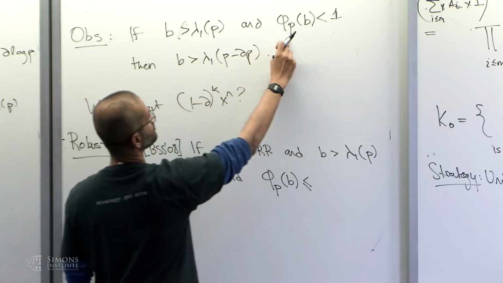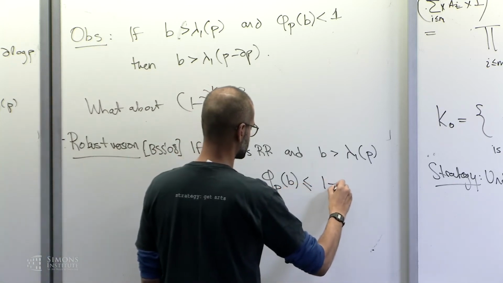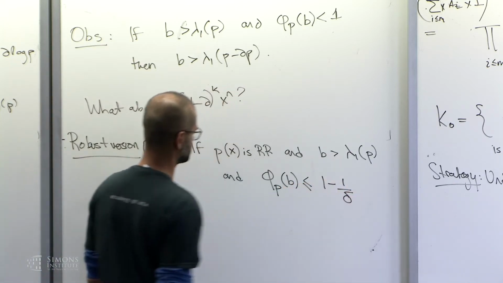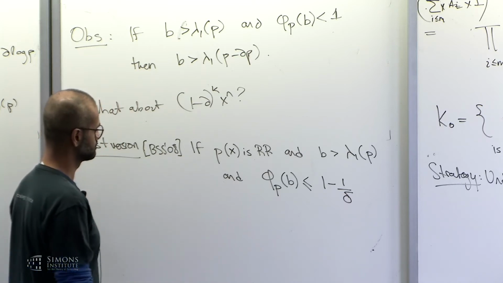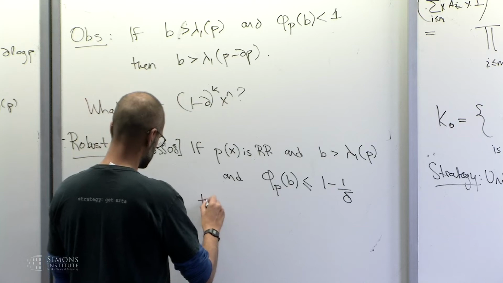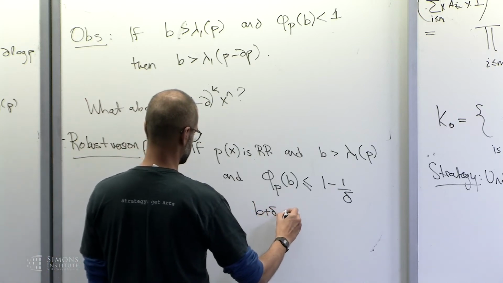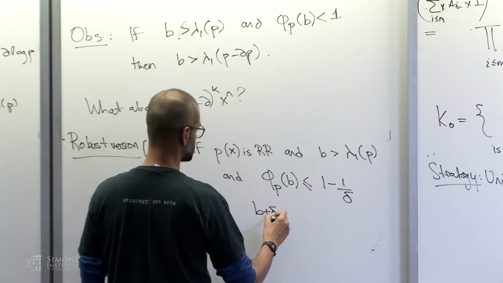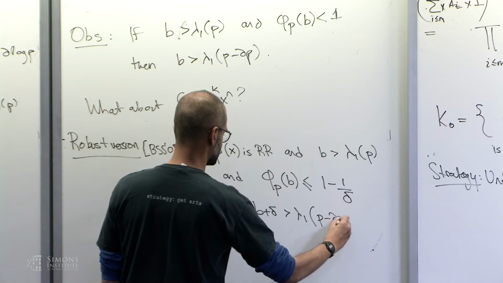So here the observation you just said: if the barrier function is less than 1, that gives you an upper bound. Here I'm asking the barrier function is less than 1 minus 1 over delta. So delta is some positive number that's bigger than 1. Then b plus delta is bigger than the largest root of p minus its derivative.